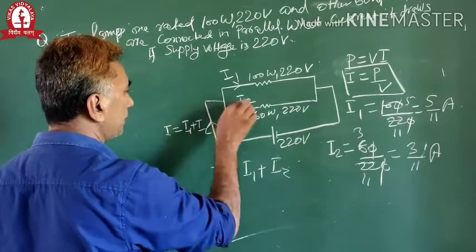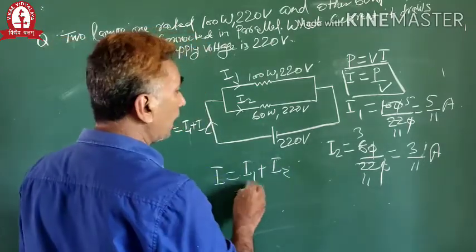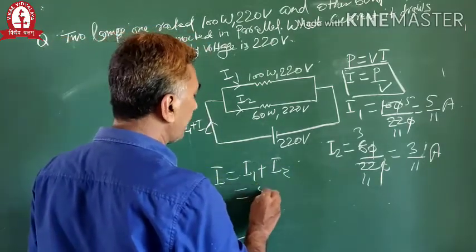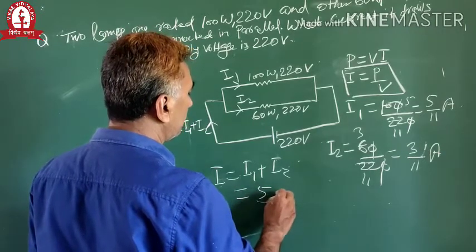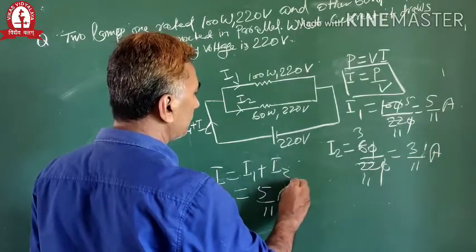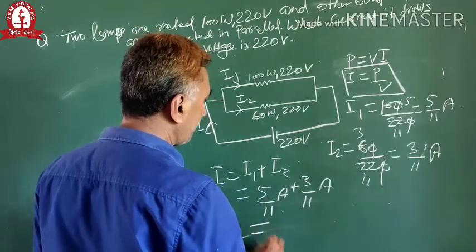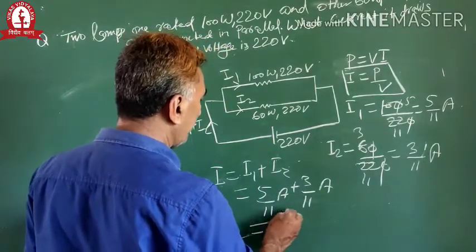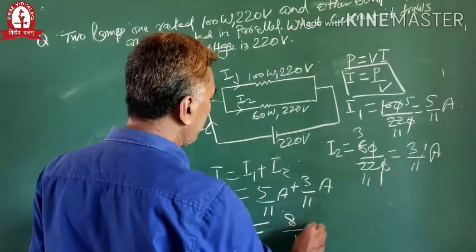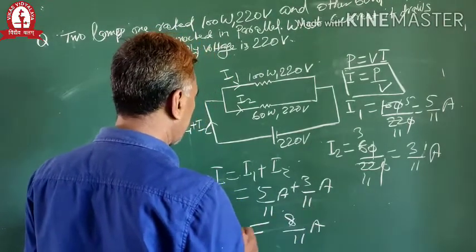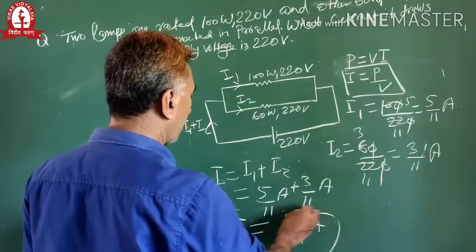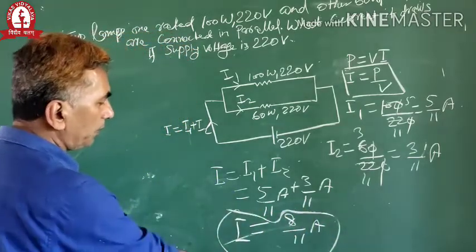This is the main current. I is equal to 5 by 11 ampere plus 3 upon 11 ampere. This ultimately will be equal to 8 by 11 ampere, and this is the main current drawn from the circuit. Okay, now this thing is over.